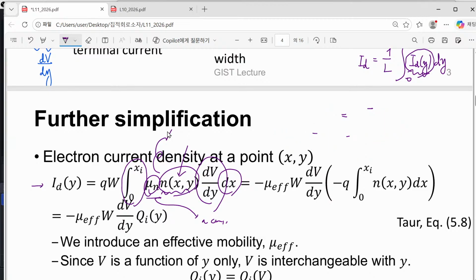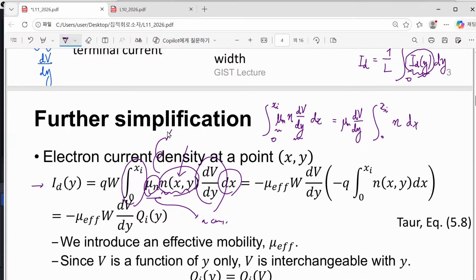So simply speaking, although we have mu n and dV over dy inside the vertical integration, these two can be pulled out of the actual integration. Then let's do that: mu n dV over dy. The remaining one is nothing but the vertical integration of electron density.